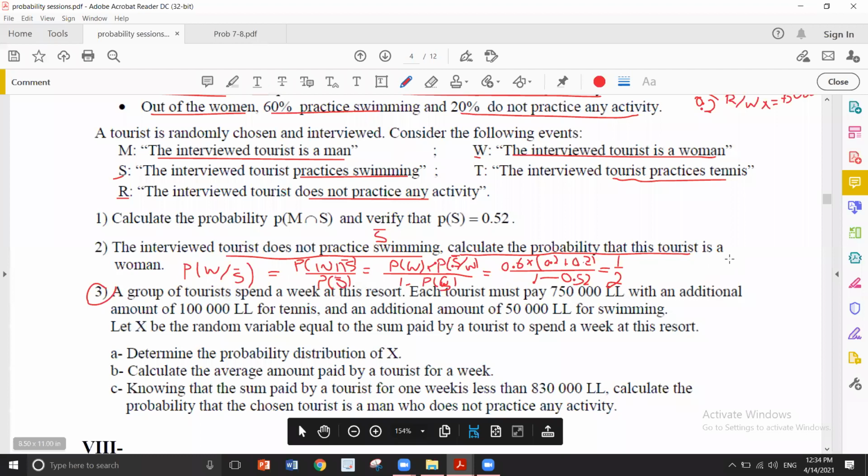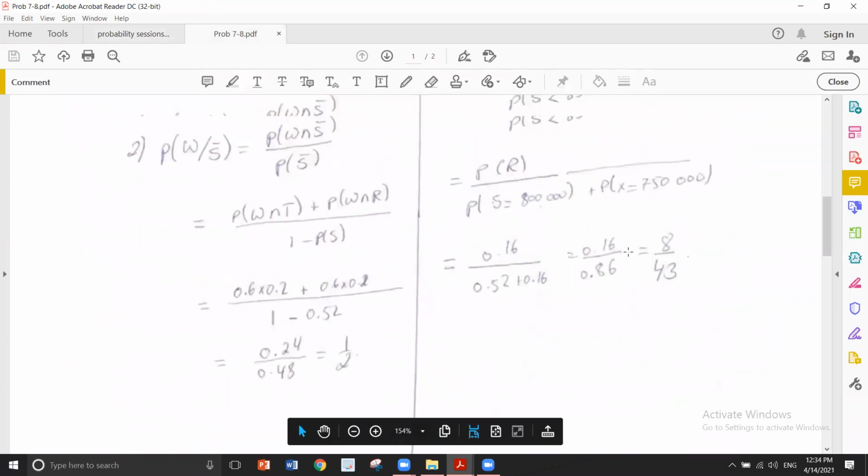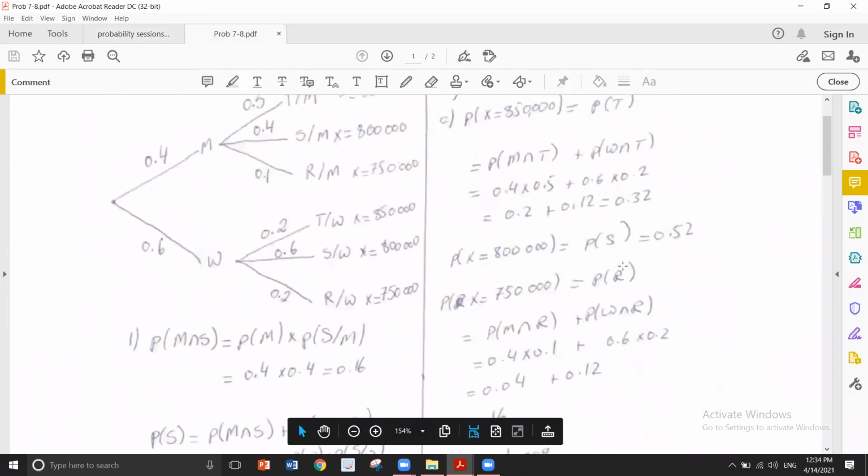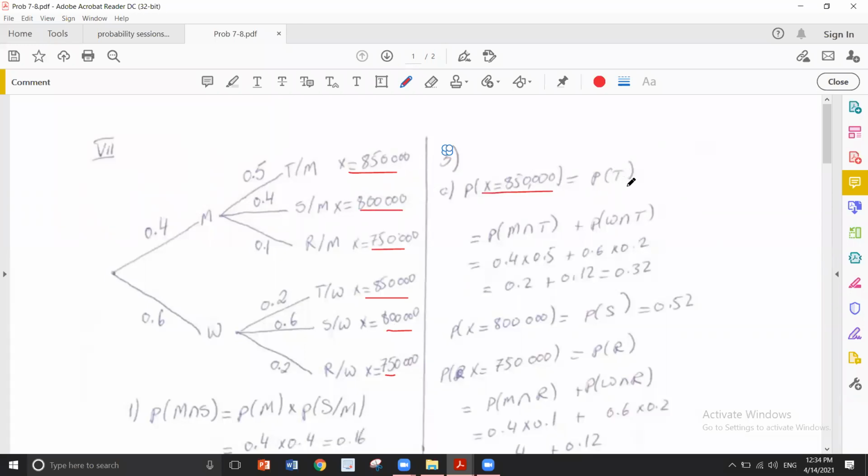So we get 3 values of X. Probability X equals 850,000 is the probability of tennis, which is the probability of man and tennis or woman and tennis.